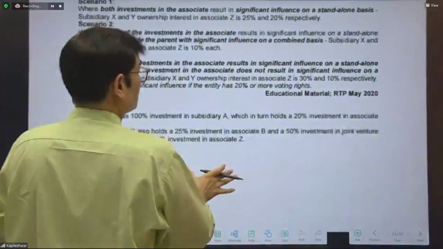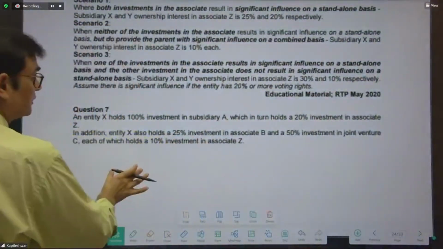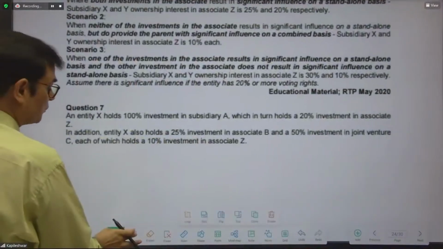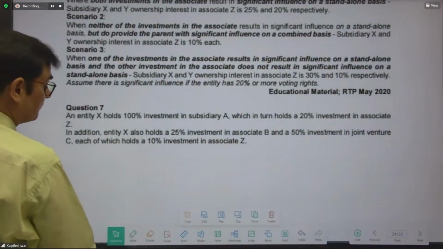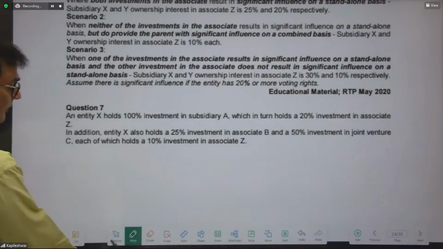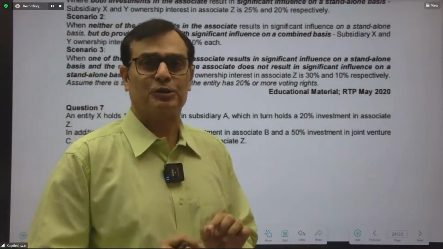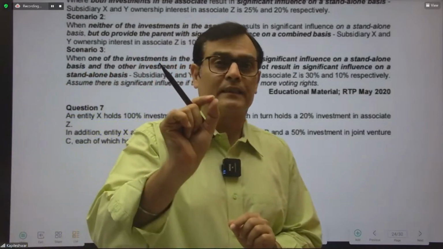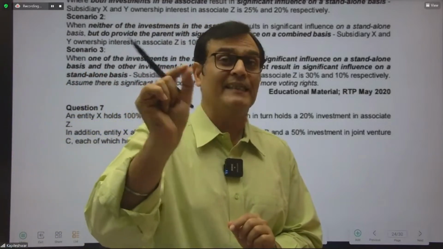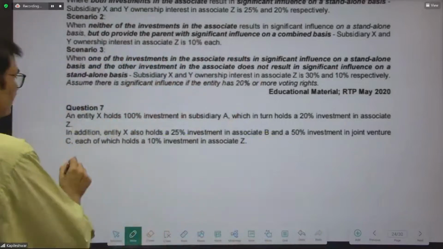So this is one of the questions given in the education material and it clarifies wonderfully well the concept of pattern number 5. So let me just read what is stated in this particular question, and we'll interpret that through a subsidiary indirectly in this case.